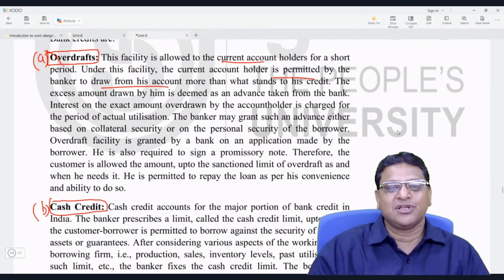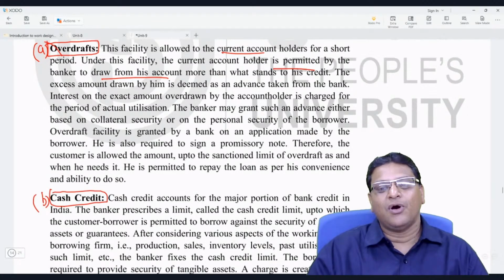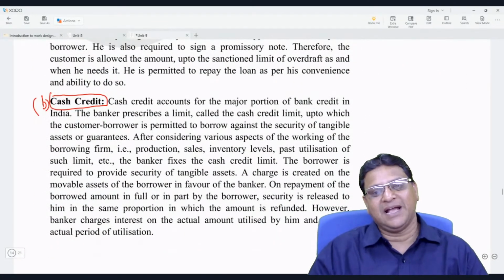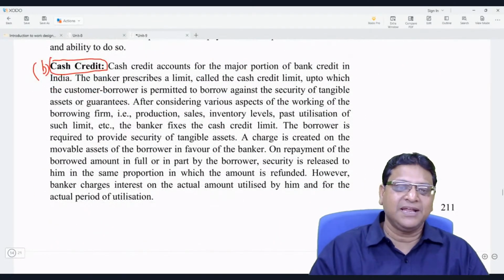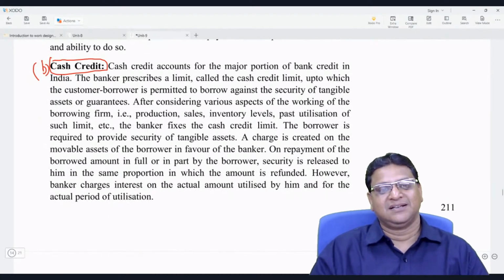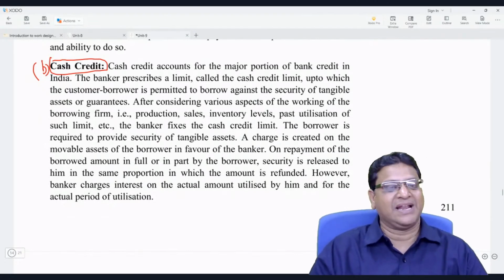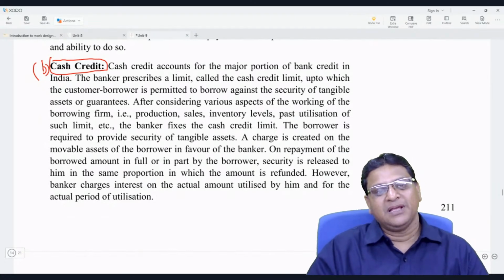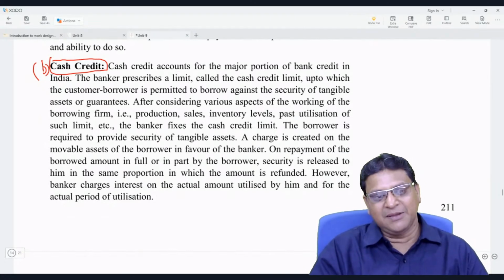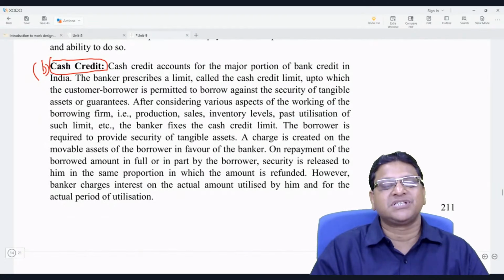Cash credit is the major portion of bank credit in India. It is popularly known as CC, cash credit. In case of CC, generally banks provide loan against stock of the organization. In case of CC, there is a limit for CC.